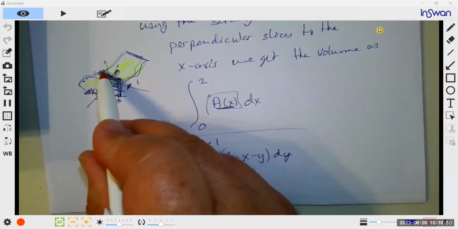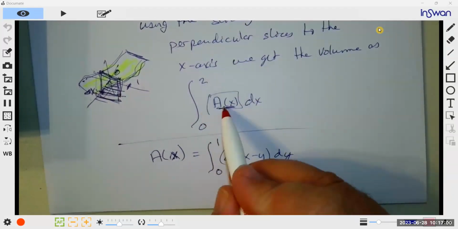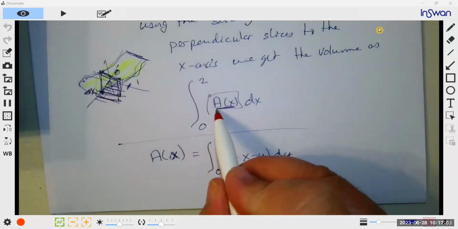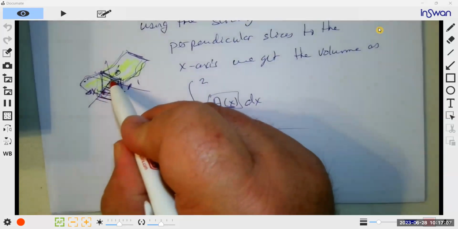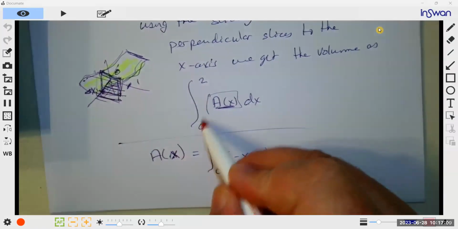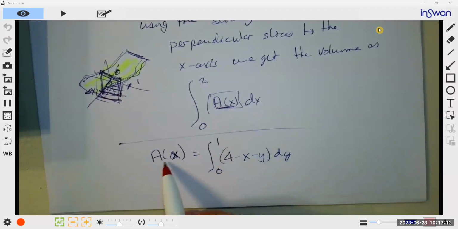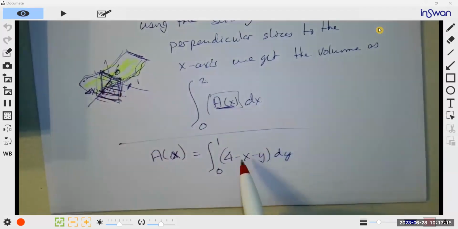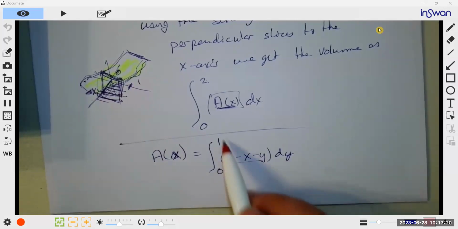And then we multiply it by the height and we get the volume of that cube, or that slab. So we first define the area, the function with area of this times each of these x's from 0 to 2. Now we have to define what A of x is. A of x is the function with respect to y from 0 to 1.